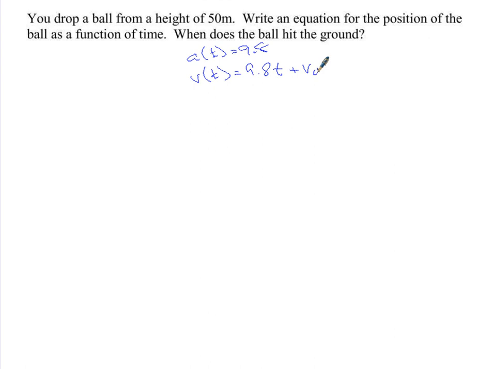But once I plug in that initial condition that is not actually given to me, except in words, you drop a ball. If I'm dropping a ball, then I'm holding it out and I'm letting it go. And its initial velocity then is 0. So this right here goes to 0. My velocity equation then is just v of t equals 9.8 t.